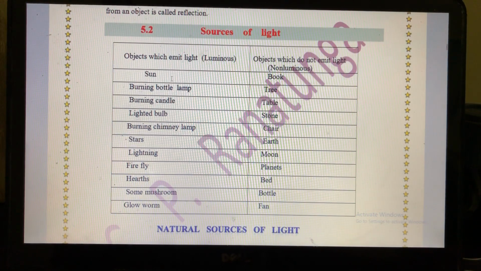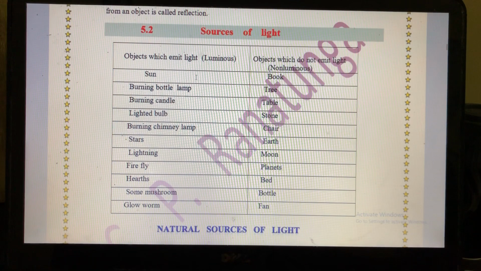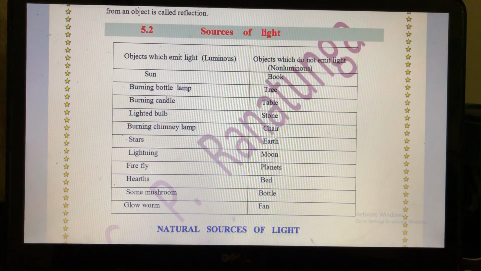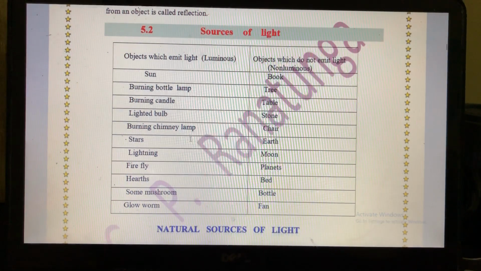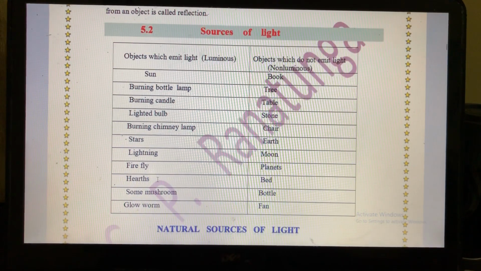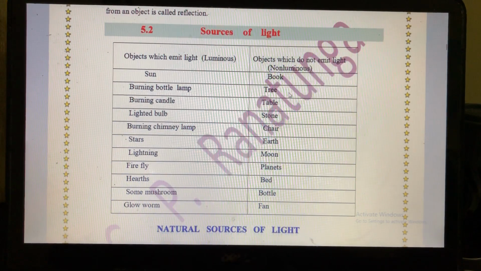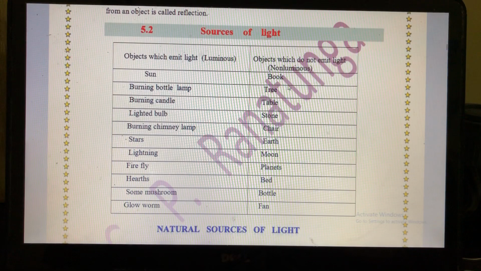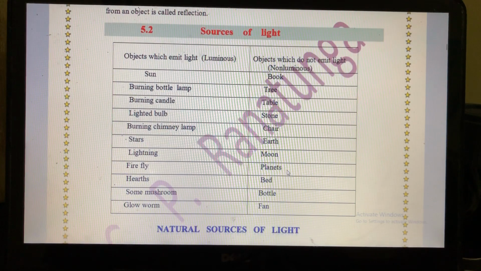Here are some examples of luminous objects: sun, burning bottle lamp, burning candle, lighted bulb, burning chimney lamp, stars, lightning, firefly, hearts, some mushroom, glowworm. Non-luminous objects: book, tree, table, stone, chair, earth, moon, planets, bed, bottle, fan.